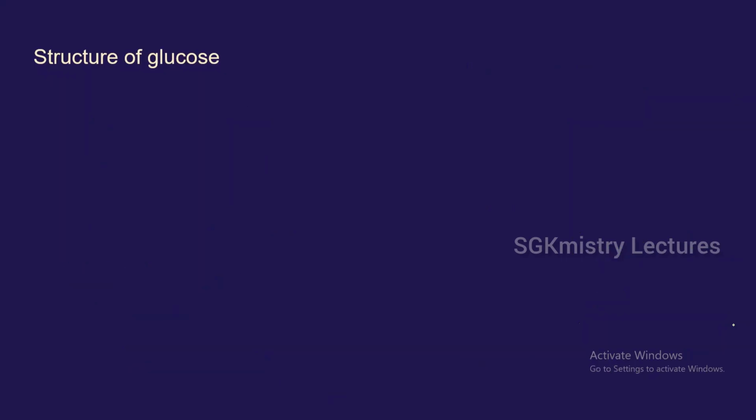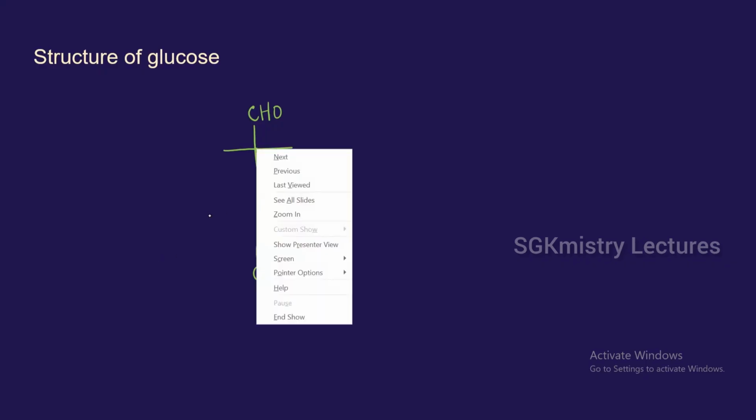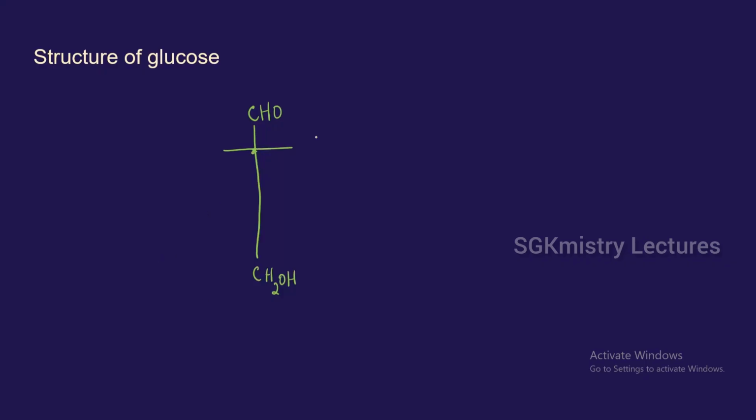Okay. So now how do we understand the structure of glucose? The open chain structure of glucose could not explain the various facts. So this was the structure. One is the aldehyde group. Then we have the primary alcoholic group. I'm not going to show the carbon; this atom indicates the carbon. So there will be OH group and H. This was the proposed structure of glucose.